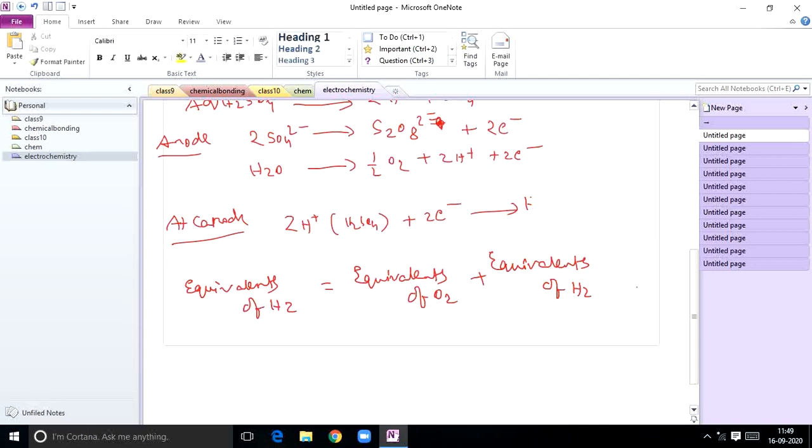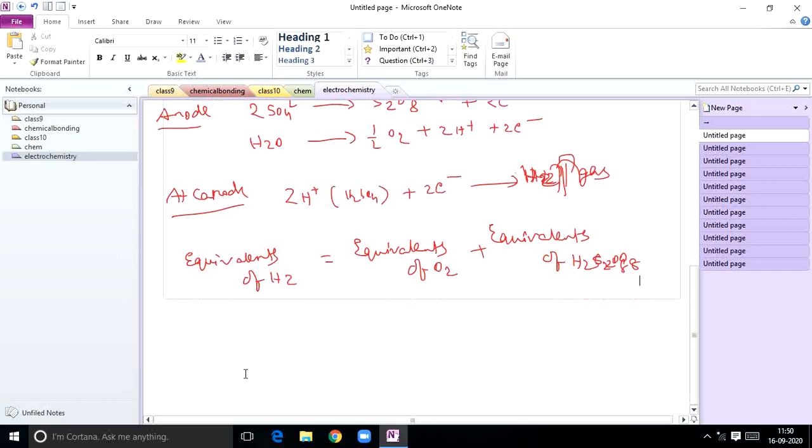Because only one product is formed at cathode, that is evolution of hydrogen gas, and two products are formed at anode, one is oxygen gas and the other one is H2S2O8. So equivalents of hydrogen formed at cathode is equal to total number of equivalents formed at anode. Oxygen is the main product and H2S2O8 is the other main product. Okay students, next.